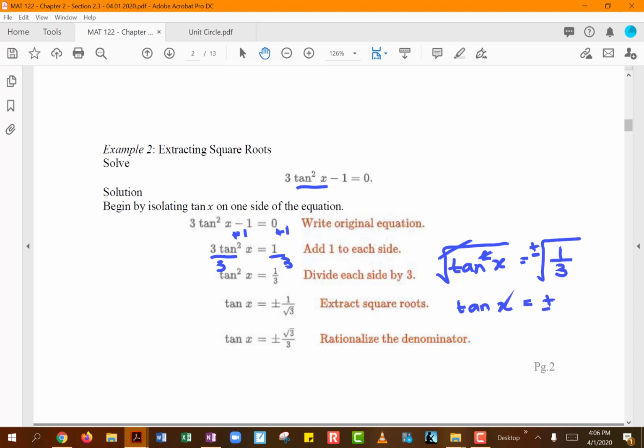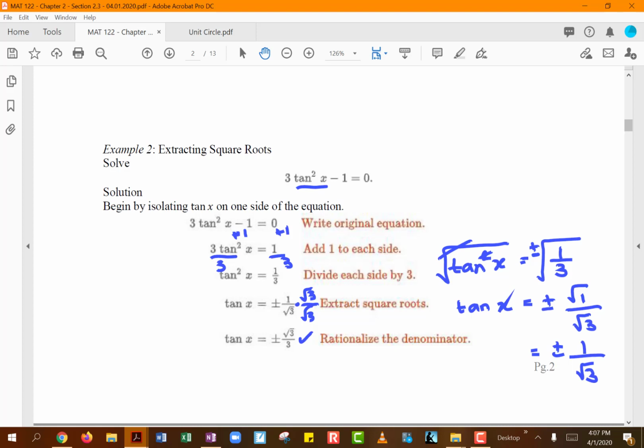And then here, you can separate this as square root of 1 over square root of 3. And square root of 1 is 1, and square root of 3 will be square root of 3. And then of course, remember, you have to rationalize your denominator, which is how they came up with this final statement. So tangent of x equals positive and negative square root of 3 over 3.